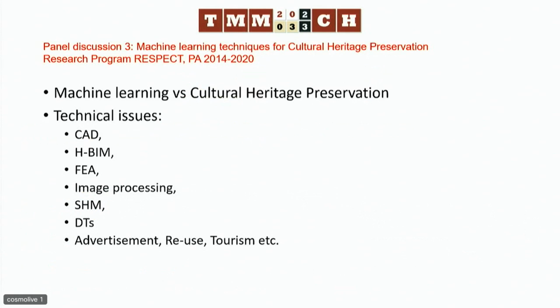Okay, we have had another session before the lunch dealing with digital heritage and digital tools. And I learned there that besides the digital twins, people are talking about other variants, history twins and memory twins. So I tried to gather here some technical notions, and in the discussion I will try to put some ideas where, for example, machine learning could be used: CAD, electronic design, and BIM, building information systems, or heritage BIM.